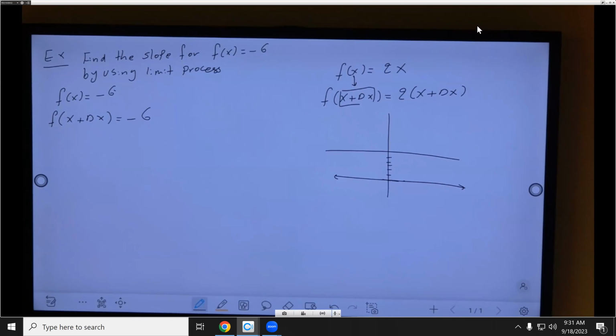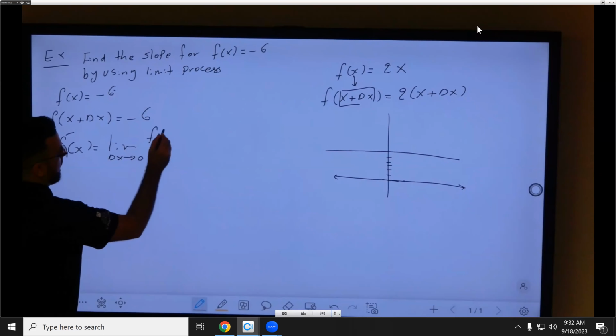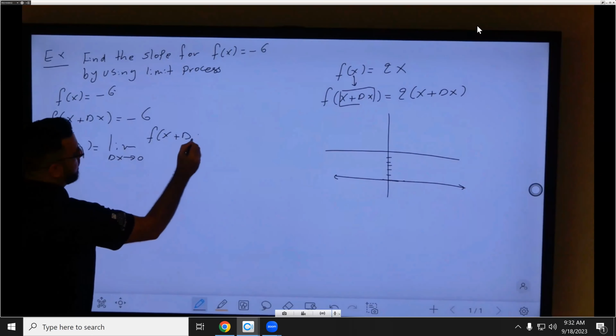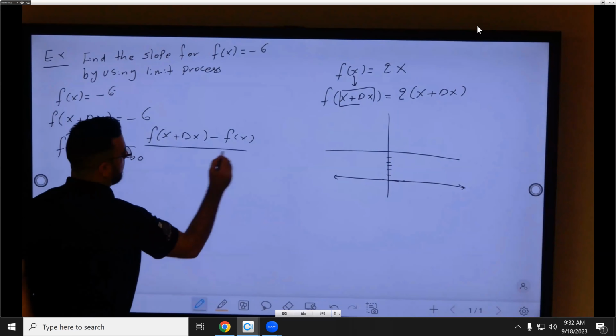Okay? So to find the limit process of the slope, what's the slope of a constant function? 0. So when you're taking the limit as delta x approaches 0 of f of x plus delta x minus f of x divided by delta x.